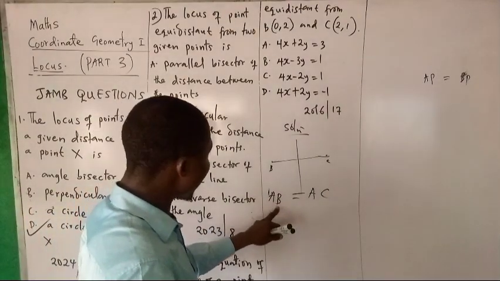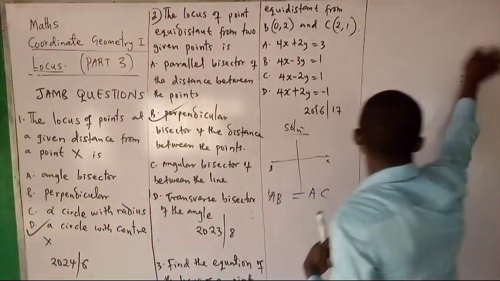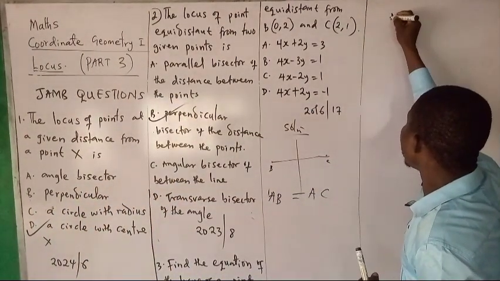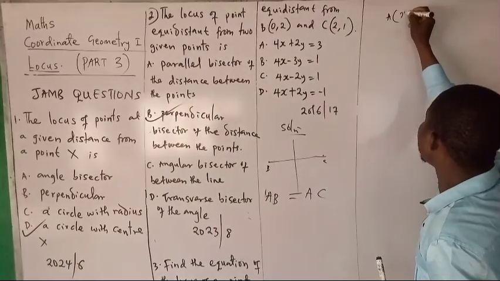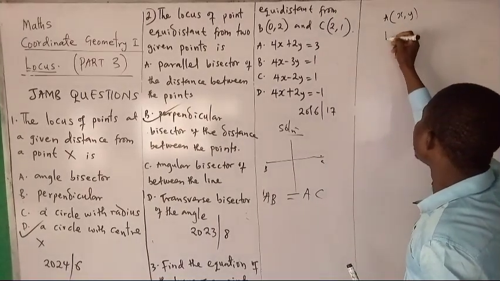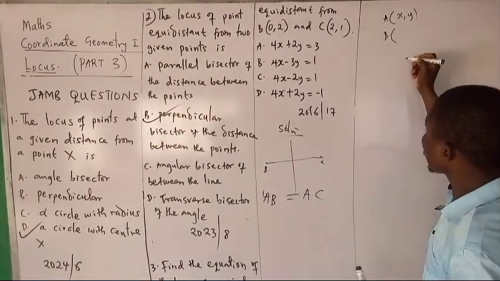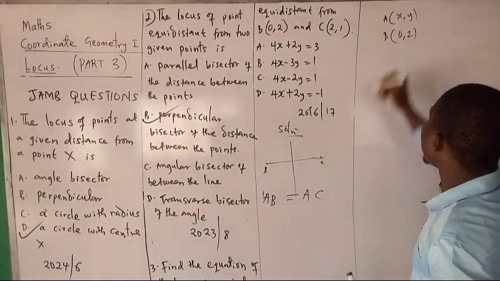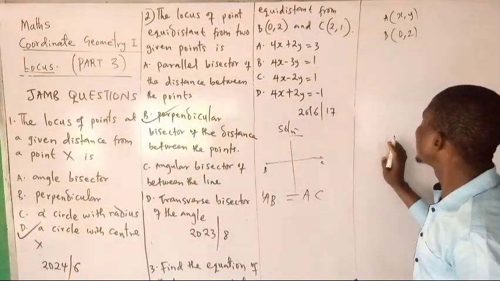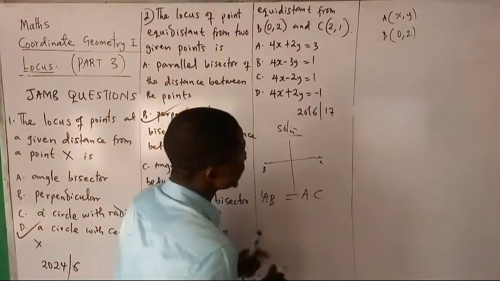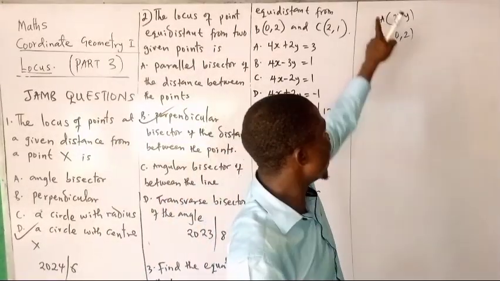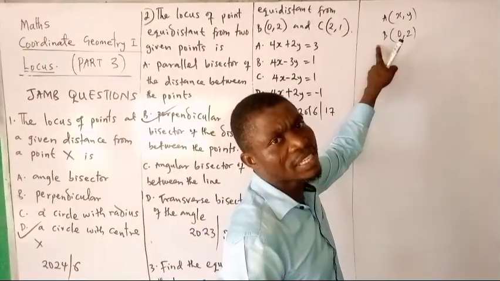Let me just write again here. So A has the coordinate x, y. B has the coordinate 0, 2. So to get the distance AB, you have to apply the distance formula.